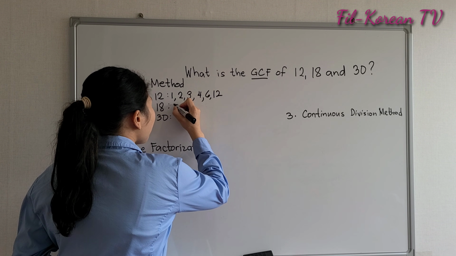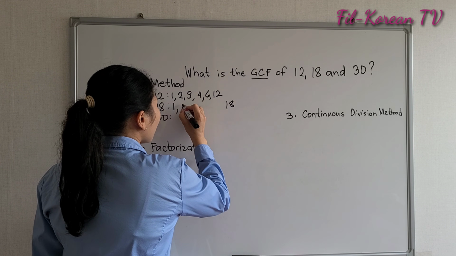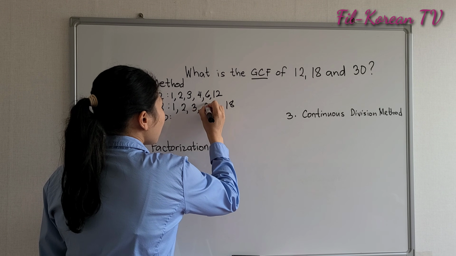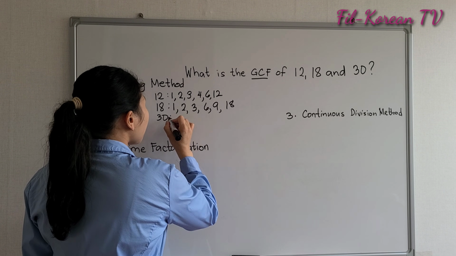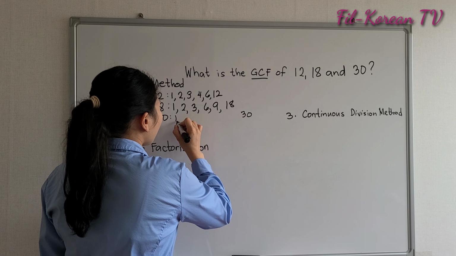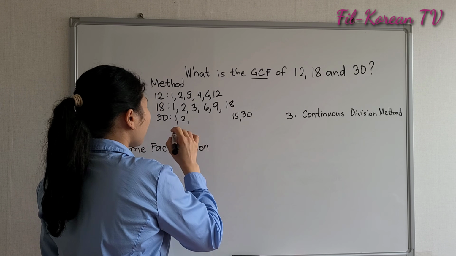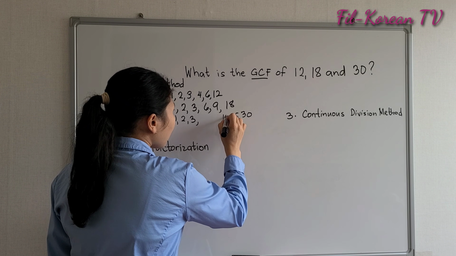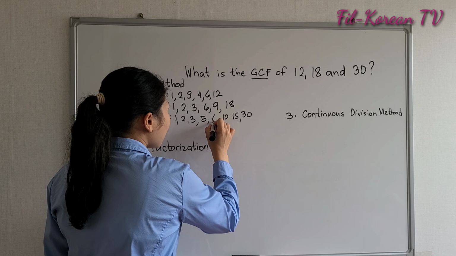Let's find the factors of 18. 2 and 9. 3 and 6. Factors of 18. Next, 1 and 30. 2 and 15. 3 and 10. 5 and 6.